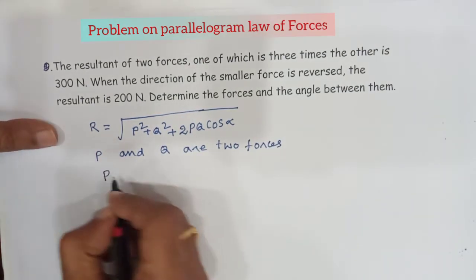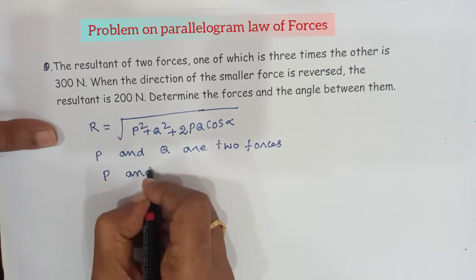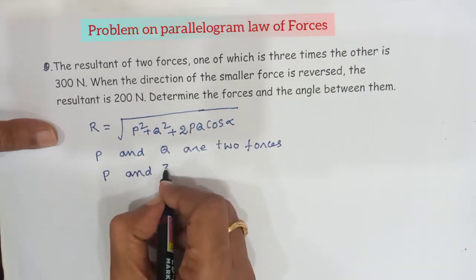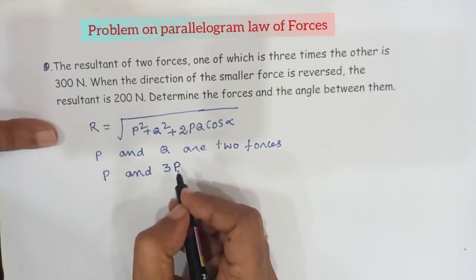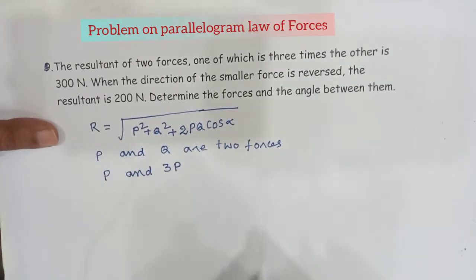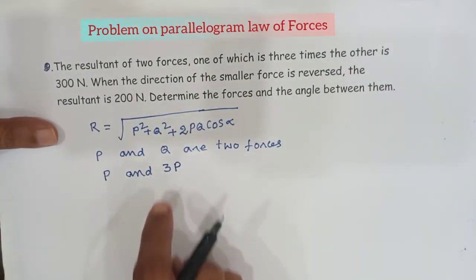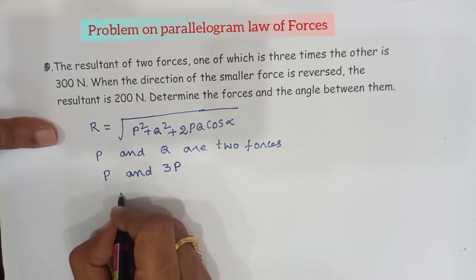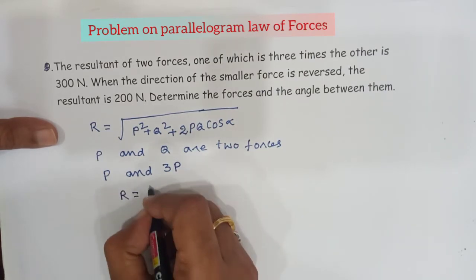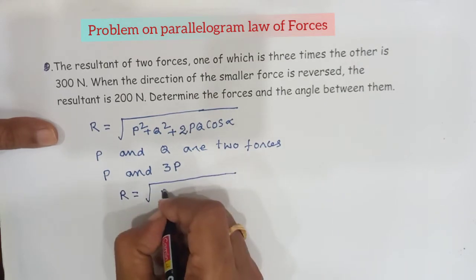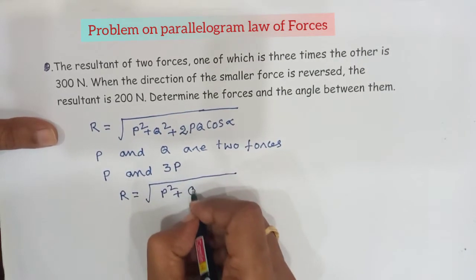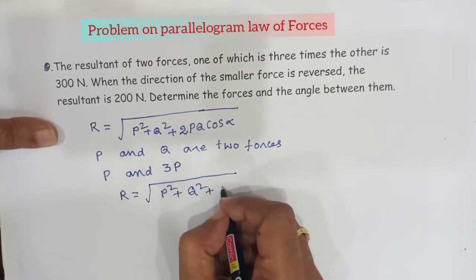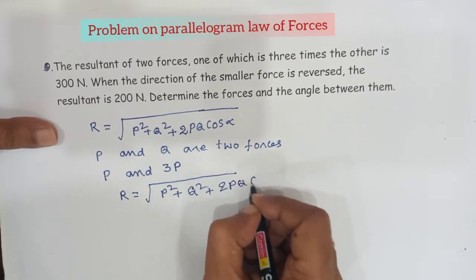So here, instead of Q we say 3P, as it is 3 times the other. If that is the case, then R is equal to root of P square plus Q square plus 2PQ cos alpha.